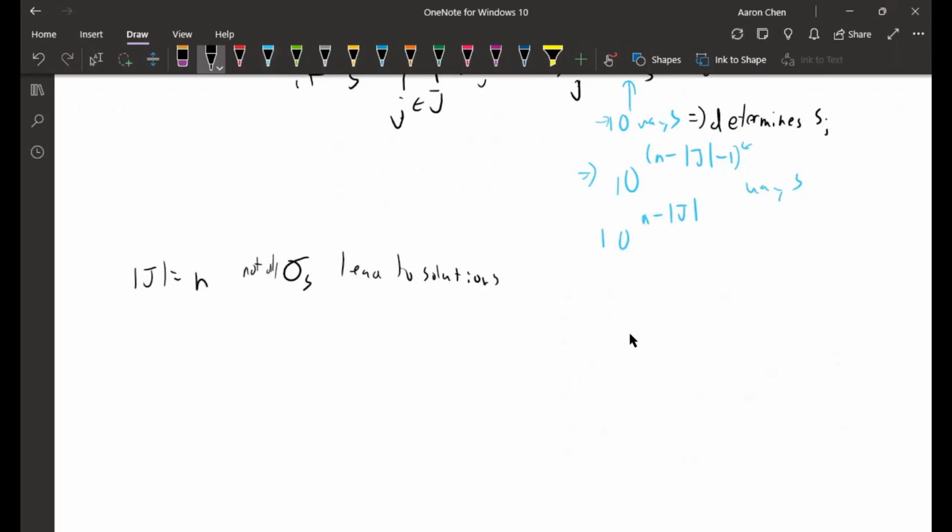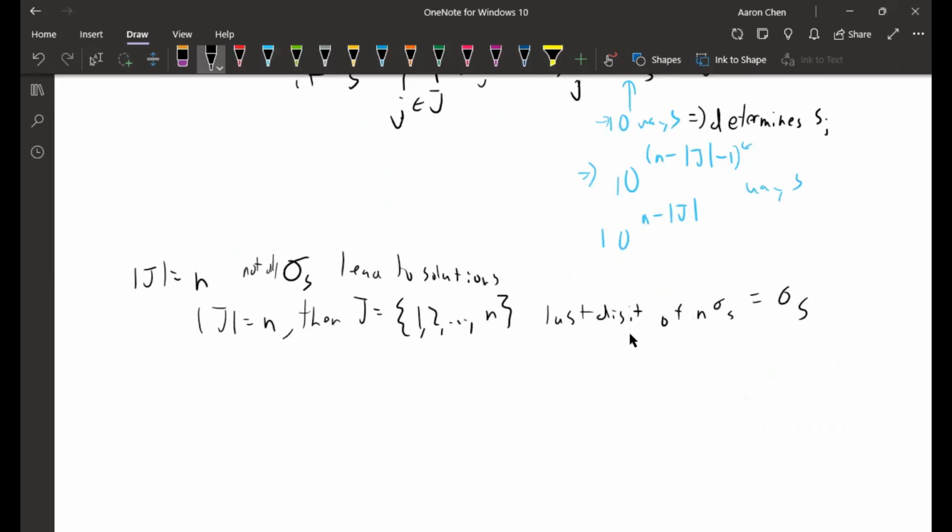If the size of J is equal to n, then J is the set of integers from 1 to n, and so the last digit of n times sigma of s is equal to sigma of s.